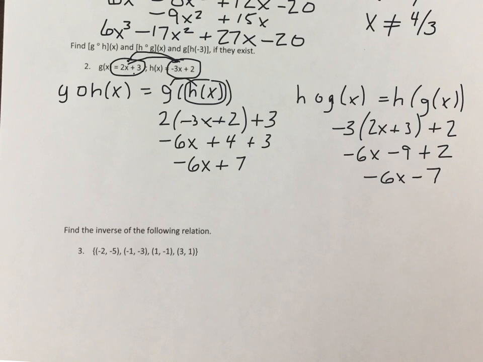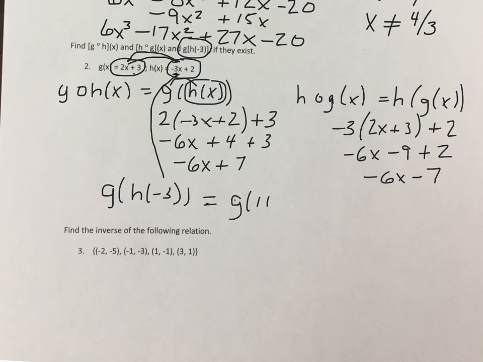And then last problem, doing g of h of negative 3. You're going to do the inside parentheses first. So we're going to do h of negative 3. I'm going to put negative 3 in for x. Negative 3 times the negative 3 is 9, plus 2 is 11. So now I'm going to do g of 11.